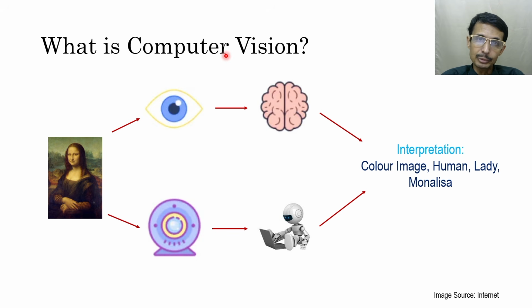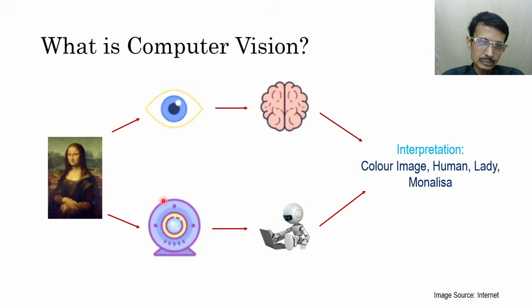Now what is computer vision? What we have just described is a human cognition system. A similar thing we want a machine or a robot to do. So there is a camera here.